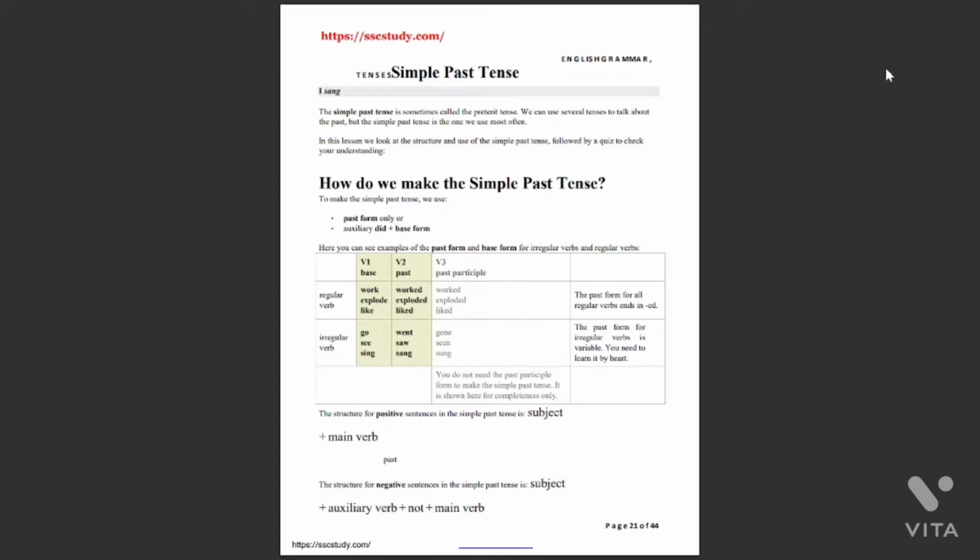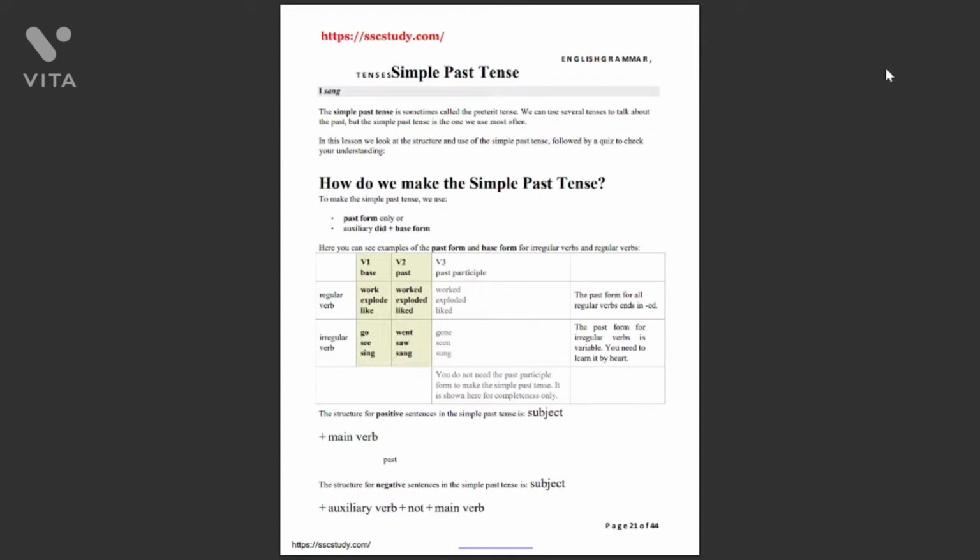We can use several tenses to talk about the past. The past tense is one we most often use. So in this lesson we look at the structure and usage of simple past tense, followed by a quiz also, as usual, and we'll see whether we understood or not.